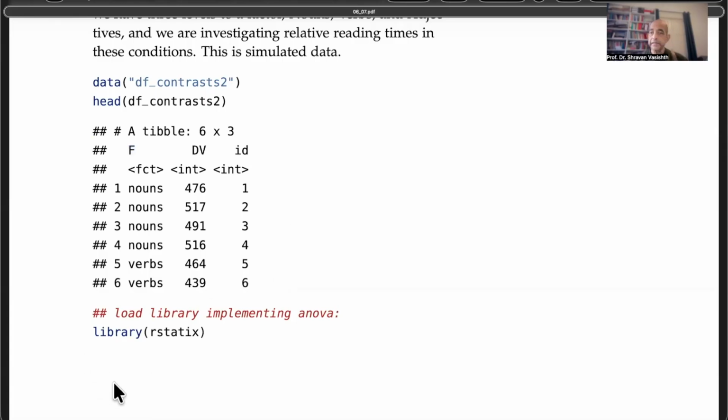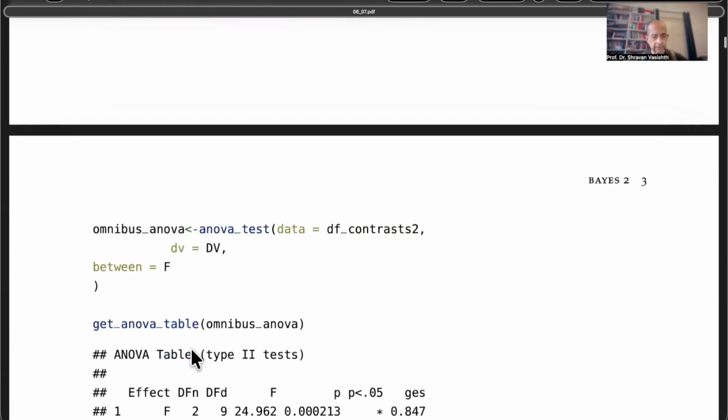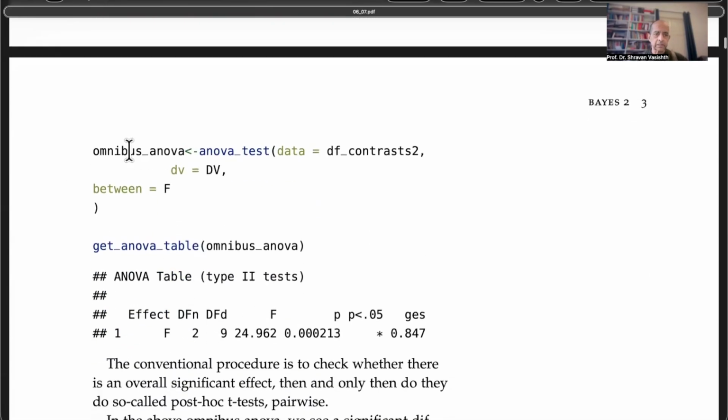So a classic way to proceed now, suppose I have this kind of design, would be to just carry out an ANOVA. So I'm using the RStatics library because I like the way they've set up the ANOVA there, right? So the omnibus ANOVA would work like this. It takes the data, right? And then it defines the dependent variable and defines the between or within factor level or levels.